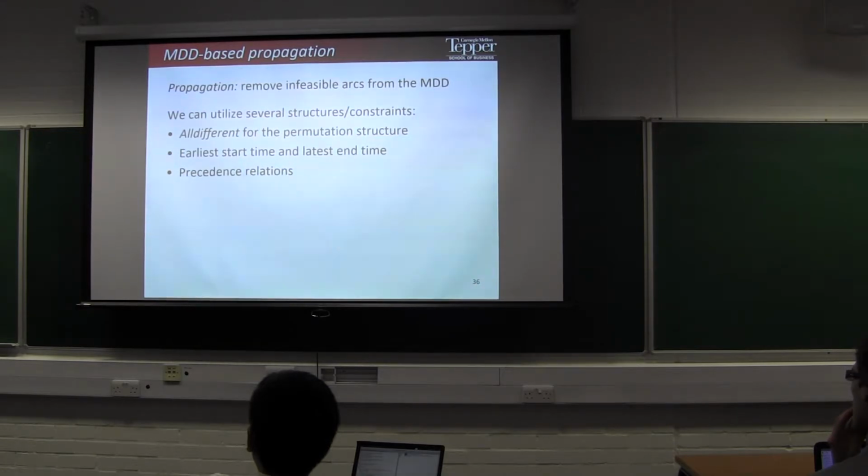The permutation structure gives me an all-different: each job must appear exactly once on each path. I have the intervals for earliest start and latest end time, and I have precedence constraints. There may be more constraints, but so far these are the only ones I have given to you. You also have the objective, but I would like to postpone that for later. These are the most important combinatorial constraints from sequencing.